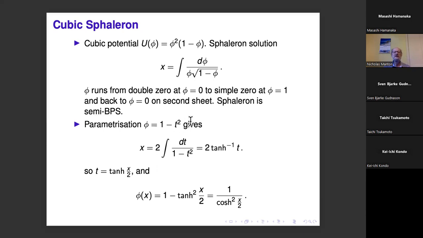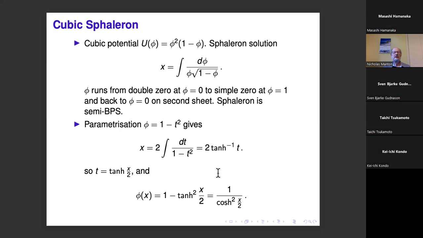But when you do the change of variables, the thing you notice in this sort of contour integral is that t starts at -1 and it ends at +1 because you go from one sheet to the other sheet. So t doesn't start and end at the same place, it starts and ends at different places. And that's useful because otherwise this integral will be trivial. Anyway, it's not trivial, and you get 2 tangent inverse of t from this integration.